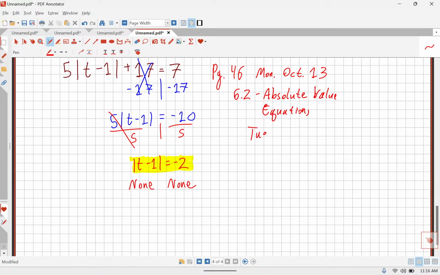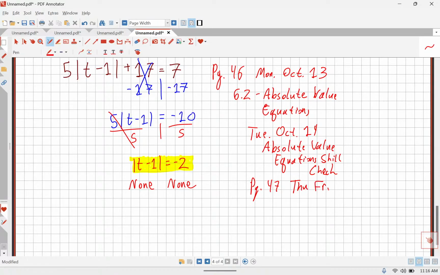On Tuesday, October 14, that's tomorrow, that's our absolute value equation skill check. And in case you're curious, if you go to page 47, Thursday and Friday, you can cross those off.